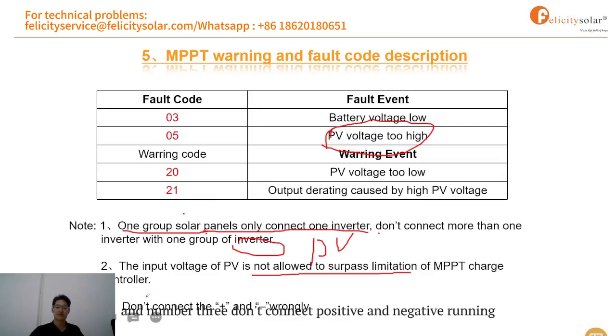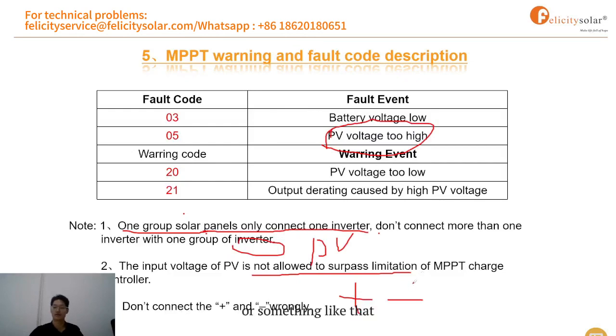And number 3, don't connect positive and negative wrongly, because in some countries the positive and negative power cables are the same color, maybe all red, black, or blue. You need to pay attention to that.